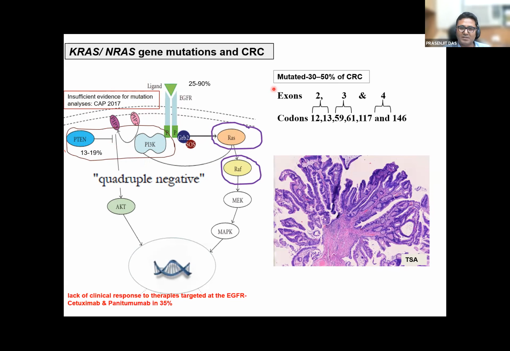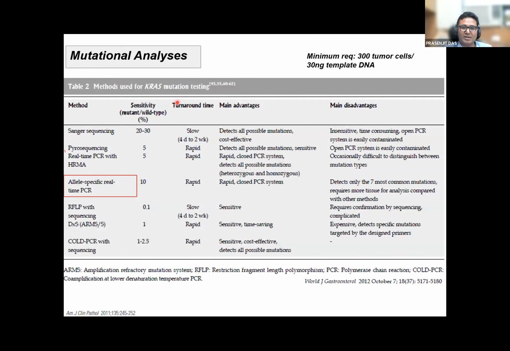So KRAS and NRAS both should be seen, and for both genes, these are the exons recommended by all molecular associations across the world. This is what we also do routinely in our center in patients who have metastasis, before giving anti-EGFR therapy. And what are the modalities you can ask for? You can do allele specific or ARMS PCR, which we also do in our department, or it can be done by Sanger sequencing or other high throughput sequencing technologies.